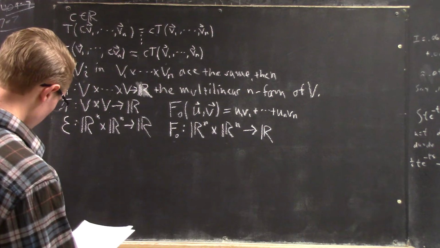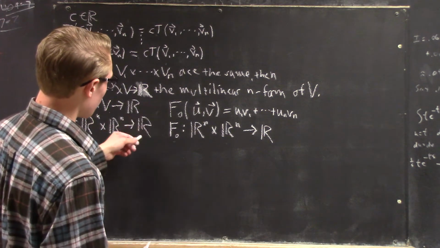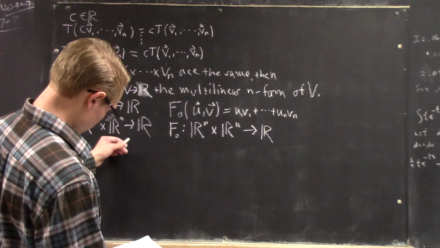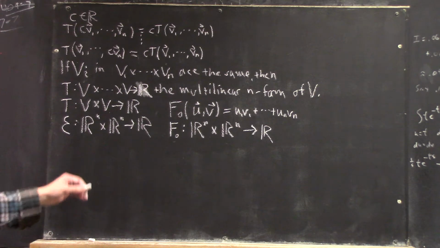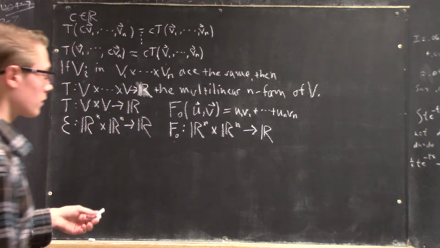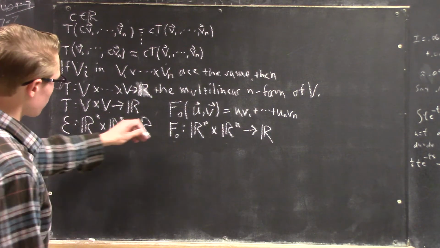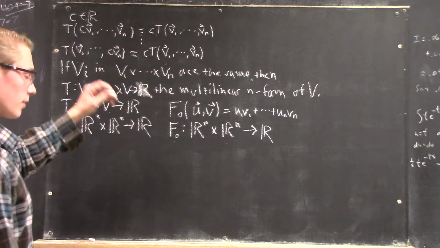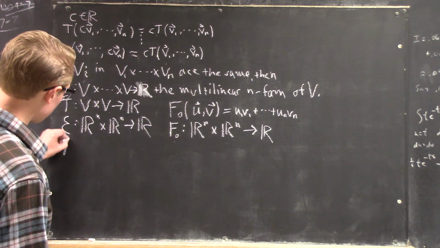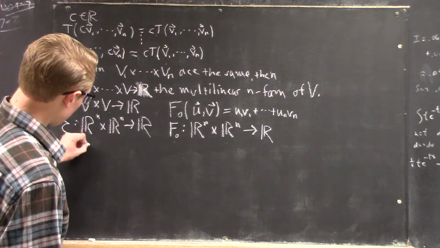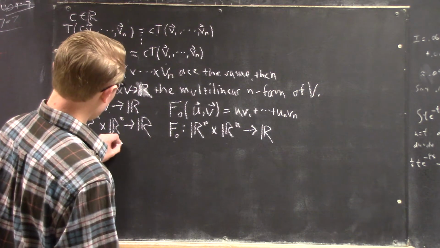But moving on, one thing about the matrix representation for multilinear mapping is that if this multilinear mapping could be represented by an n by n matrix, we can call that A. And of course it's an n by n matrix.